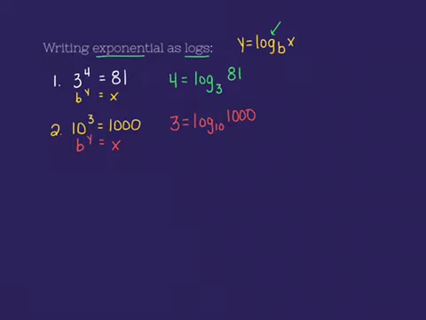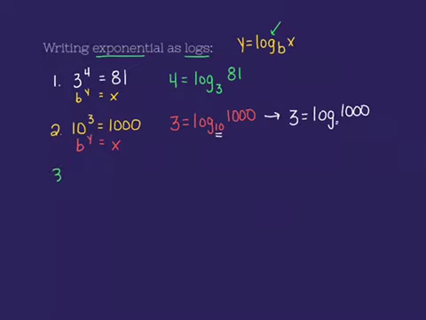One thing I want to note is that normally when we have a base of 10, we don't write that one because it's understood. So we would write 3 equals log of 1,000. Anytime you don't have a base given, you are to assume that it's 10.